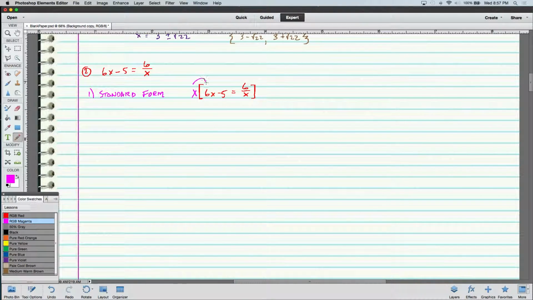And that just means distributing this x to everything on the inside. So we're left with 6x squared minus 5x, and here in the last term on the right side of the equation, the x's are going to cancel, equals 6.